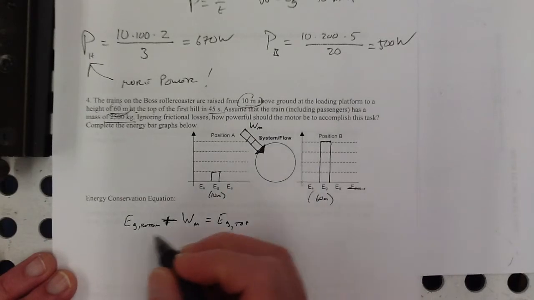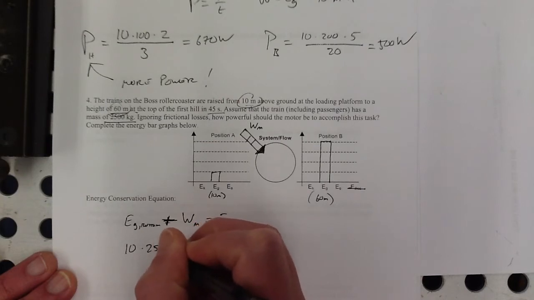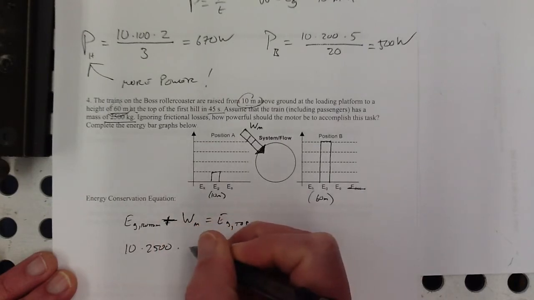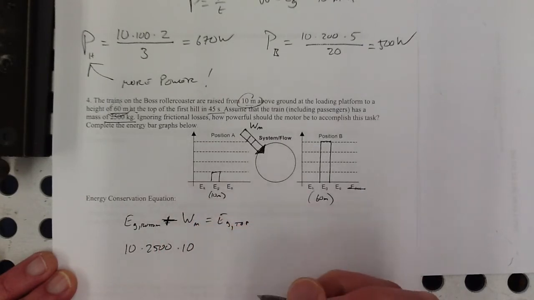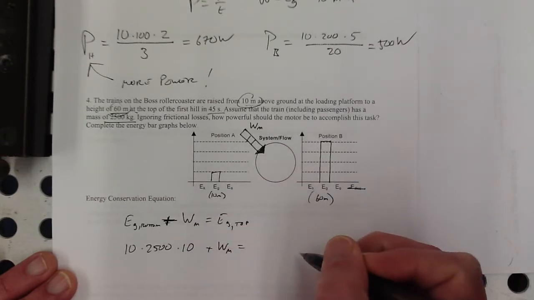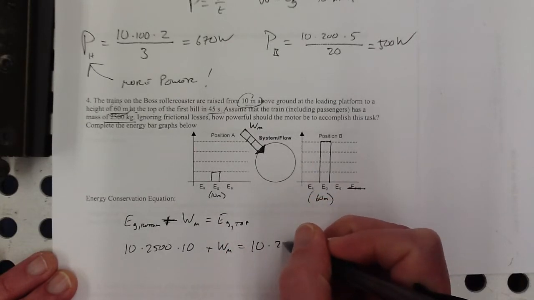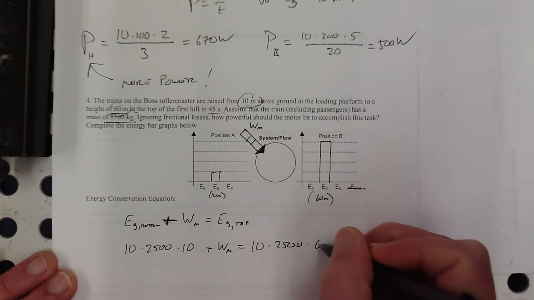Right? So that Eg at the bottom is 10 times mass times height, which is 10 at the bottom, plus the work done by the motor is equal to, at the top we got 10 times mass times the height at the top.